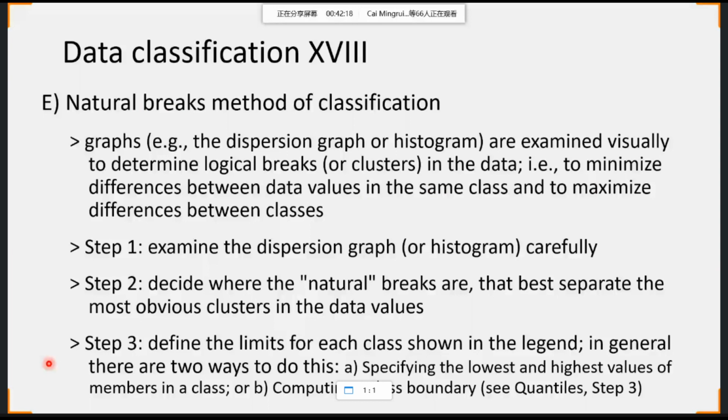Again, you can specify the lowest and highest values of the members within this class, or you can compute boundaries. The first often results in gaps, and with the second, you have computed a number that exactly defines the boundary between the classes, so there are no gaps.